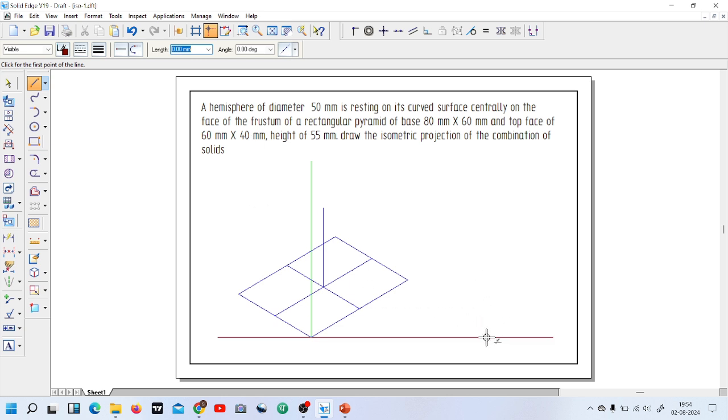Let us start here: 60 mm at an angle of 30 degrees, 40 mm at an angle of 150 degrees, again 60 mm at an angle of minus 150 degrees, and close. Again I will connect the midpoints.